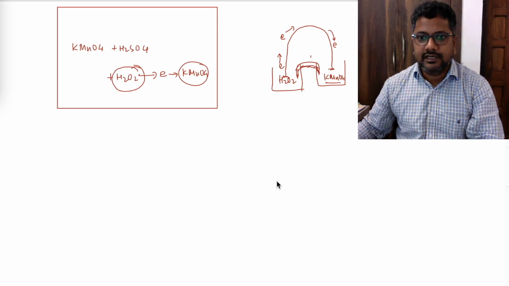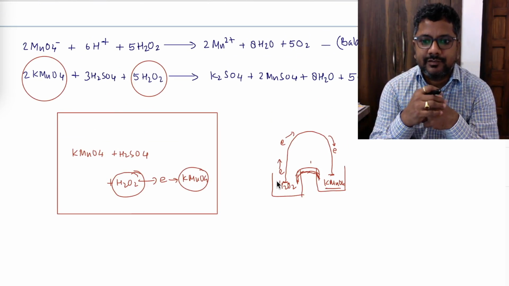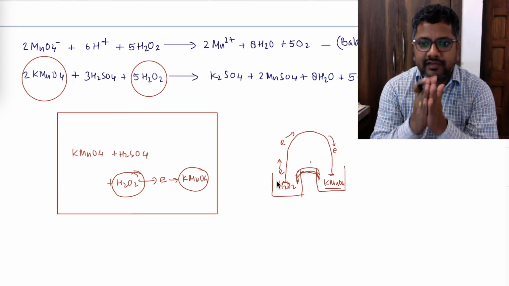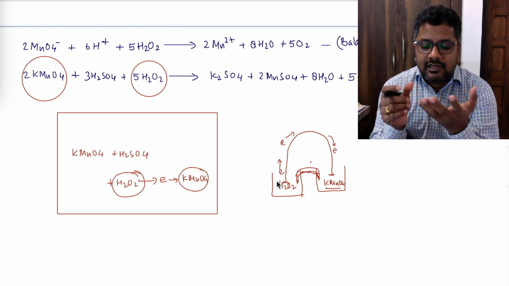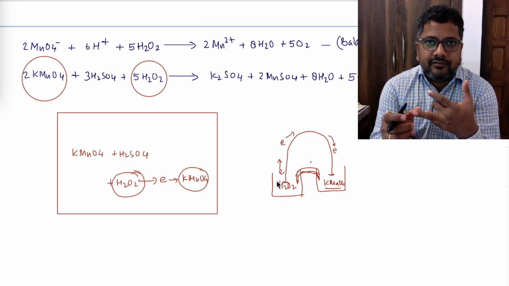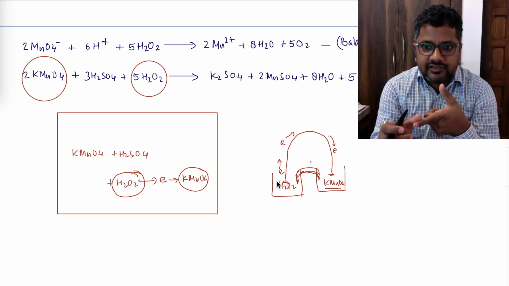Okay, so this is the introduction, how to visualize this chapter, and your main focus should be writing the equation and finding which species is oxidized and which species is reduced, whether a half reaction or a complete reaction is there.